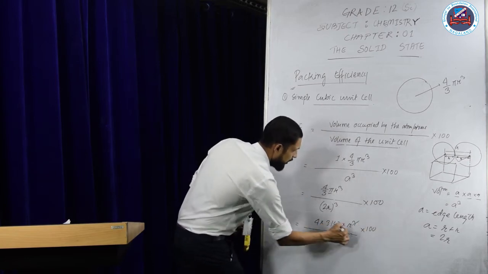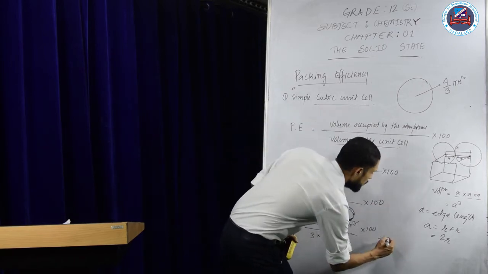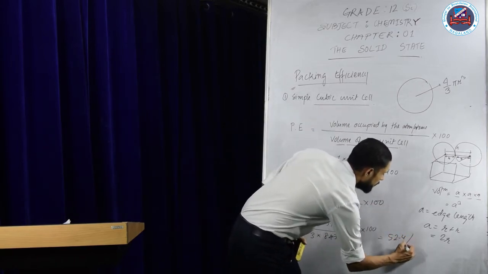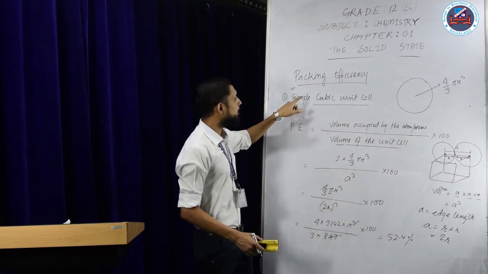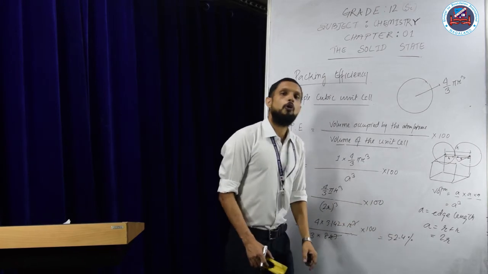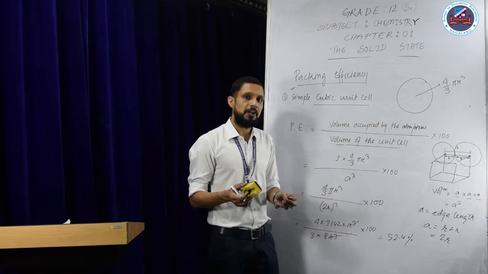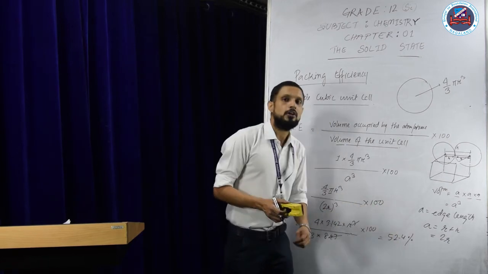So r cube cancel. Now if you simplify this part, you'll get 52.4%. That means the packing efficiency of simple cubic unit cell is 52.4%. Then what is the empty space? The empty space is 100 minus 52.4%.